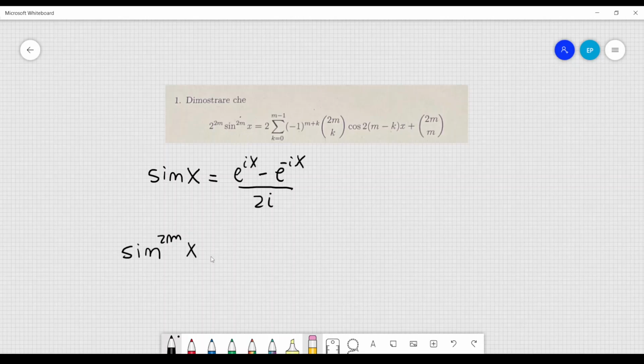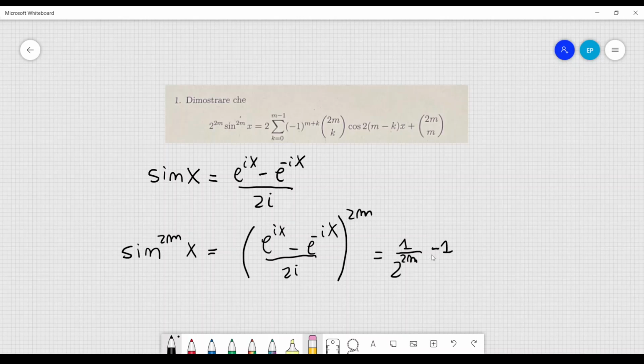We can rewrite it as e to the ix minus e to the minus ix divided by 2i, to the power 2m. I can factor out 2i, so I have 1 over 2 to the 2m, and 1 over i to the 2m can be written like this. It is just minus 1 to the power m, or minus m here.